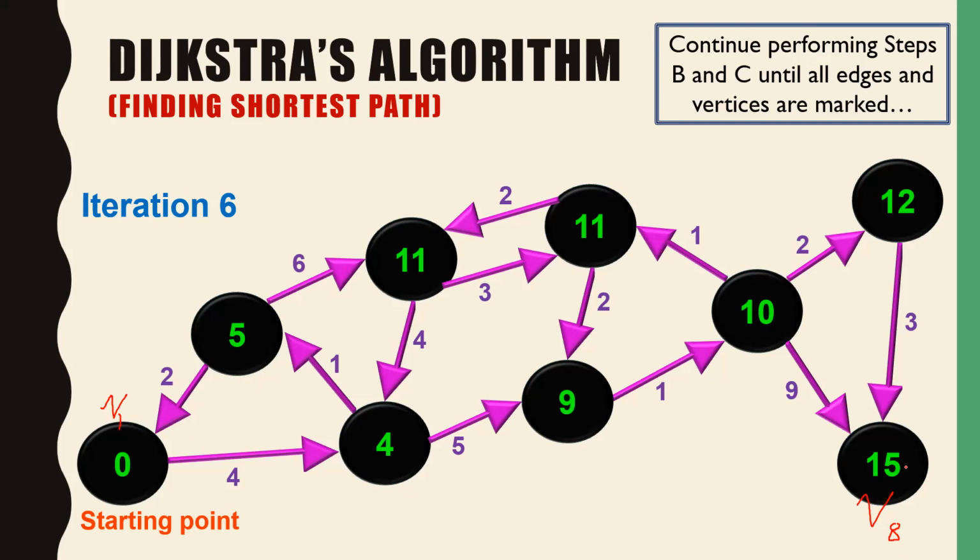So if you want to get the shortest path, you need to look at all the possible paths and then count how you get 15 out of this, right? So let me see if I can reconstruct that. Yeah. So that's going from here, then there, then that's the shortest path from V1 to V8. There are other paths, but that's guaranteed to be the shortest one.